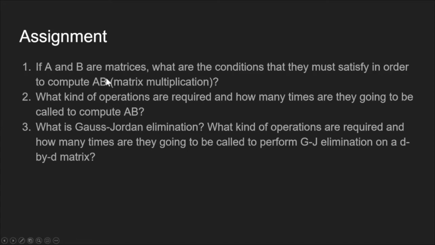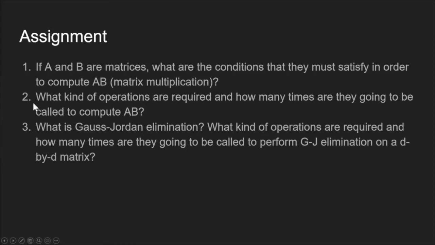So you have a matrix A and matrix B, and then matrix A is going to be something by something, and then matrix B is going to be something by something. Then as we multiply the matrices, we will need to multiply numbers, right?